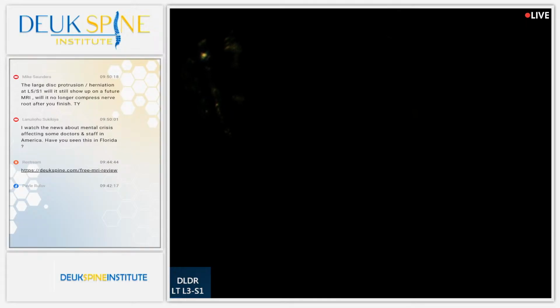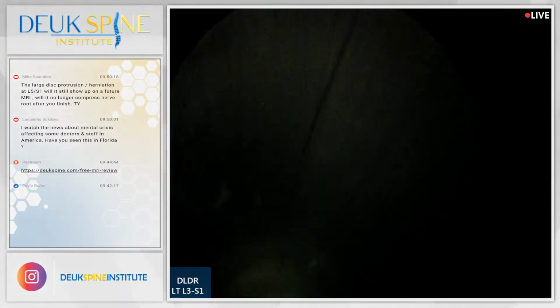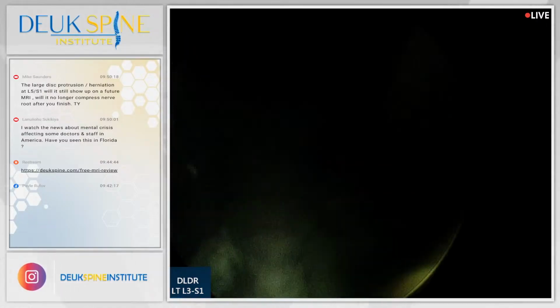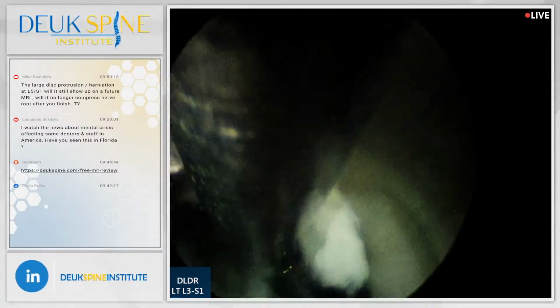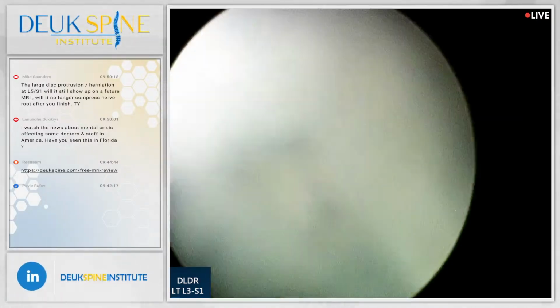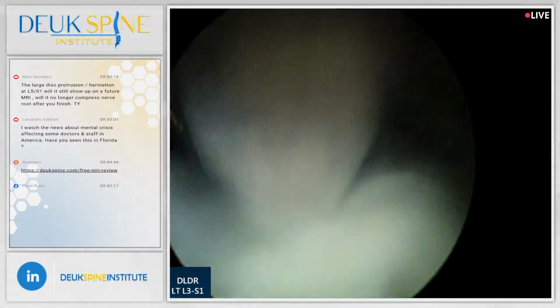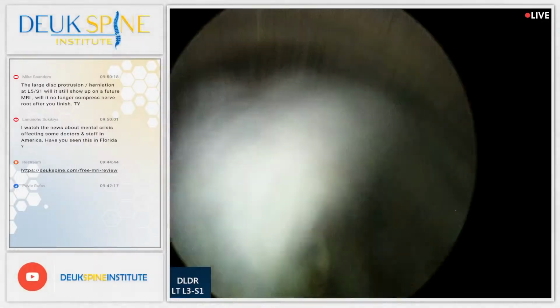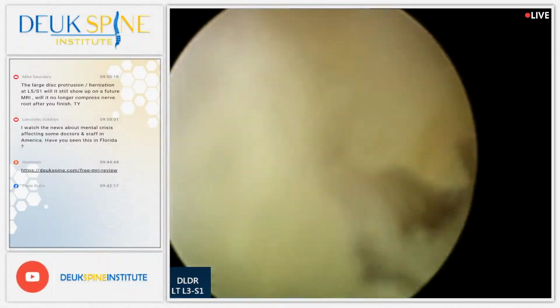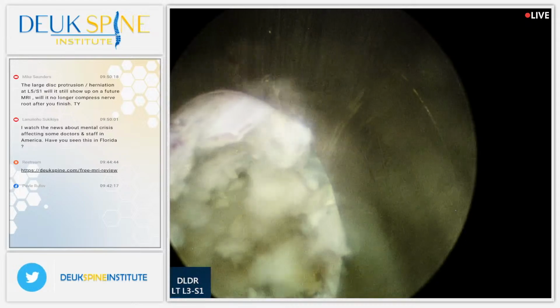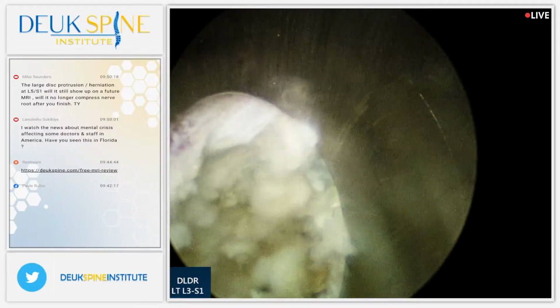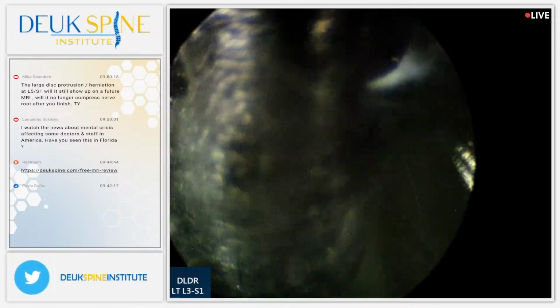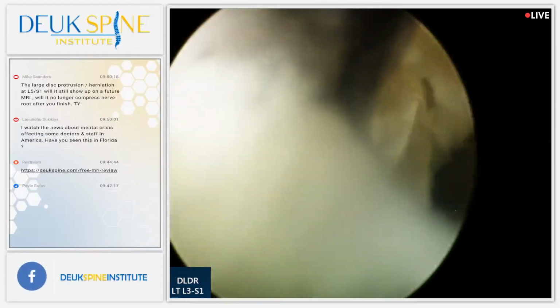Getting a lot of pieces of herniation, but almost done. Here we got one more disc to treat, the L5S1. Each one of these clumps is a piece of herniation. I'm done with the laser. I just got to finish getting all the fragments out. He's got a very old disc injury.